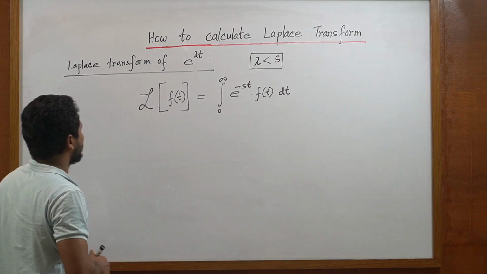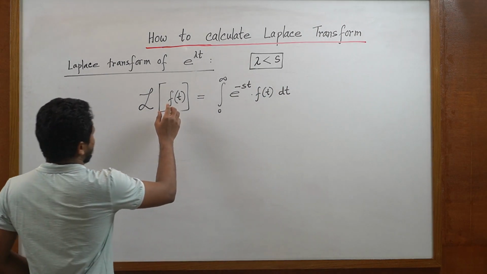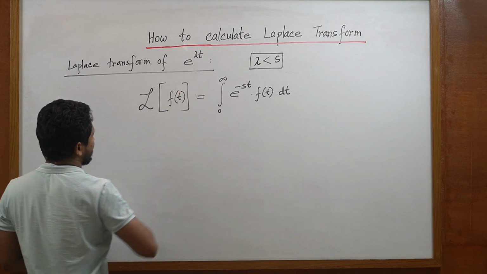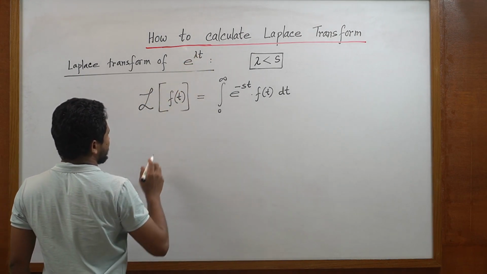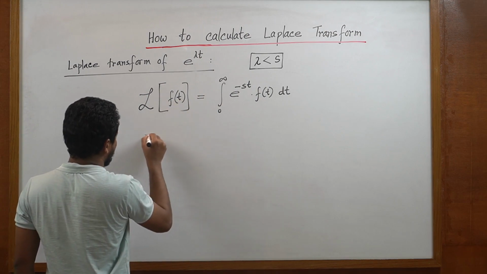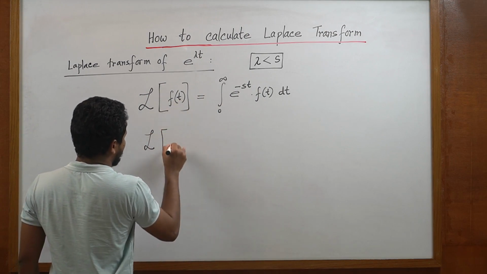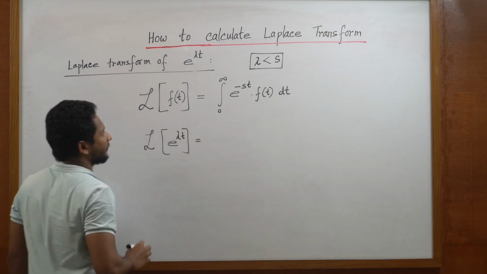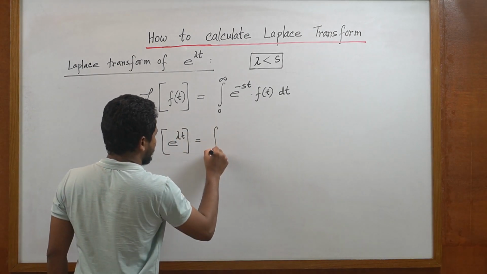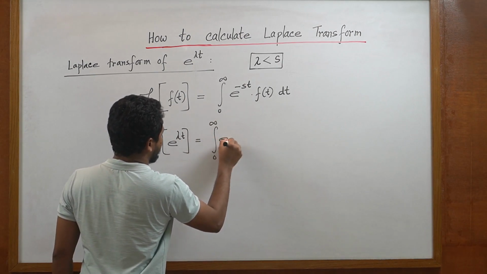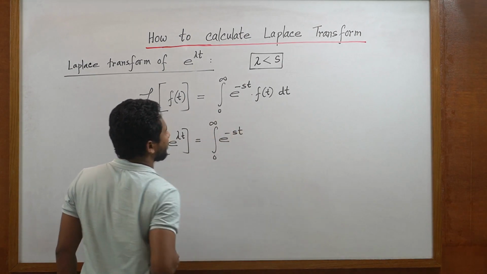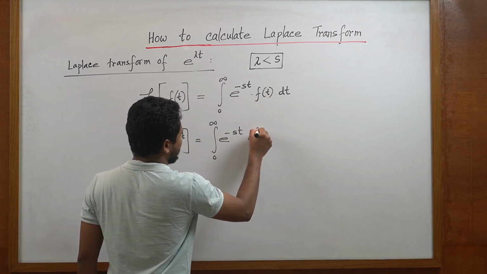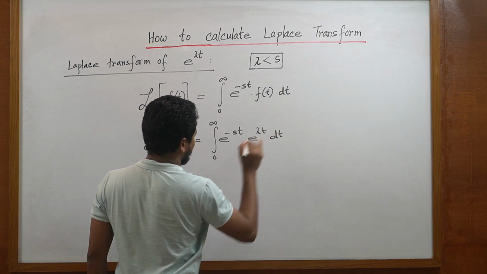And now we will substitute for f of t that e to the power lambda t. So in place of f of t we will write e to the power lambda t.